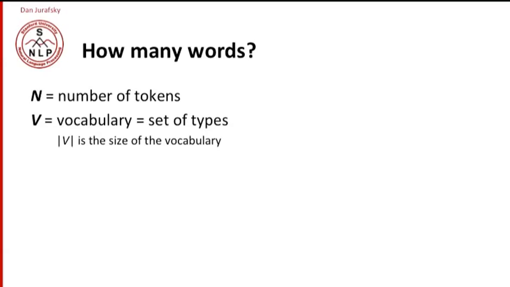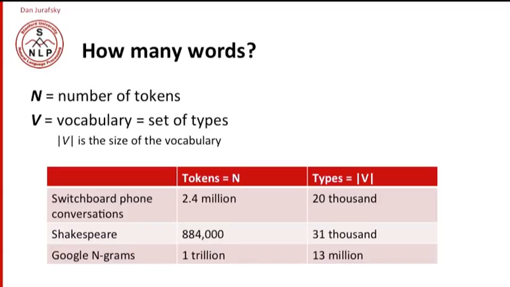So how many words and tokens and types are there in the kind of data sets that we look at in natural language processing? Well, let's look at a couple of these. Data sets of text are called corpora. And here's 3 important corpora. The Switchboard corpus of phone conversations has 2.4 million word tokens, and there's 20,000 word types in those 2.4 million words.